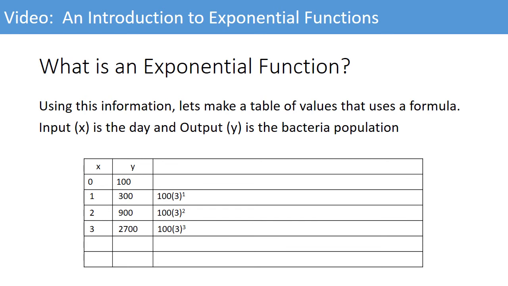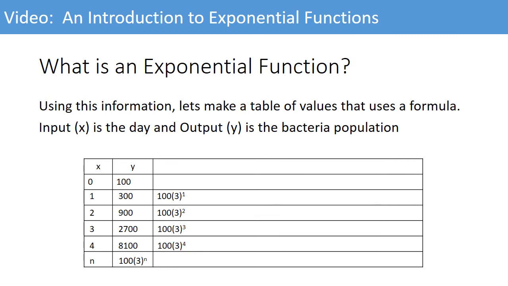Repeat for day 3. The only thing we're changing in our formula is the day, and we're representing it with, you guessed it, an exponent. Let's check day 4. Same thing. So we could come up with a formula for n days if we looked at the trend that we have been following.